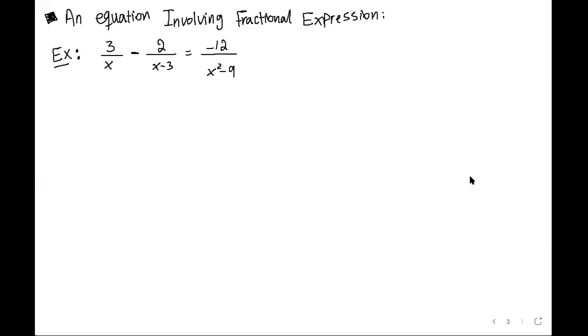So to solve something like that, again, last time I said I have to move this fraction to this side by adding 12 over x squared minus 9 to both sides.